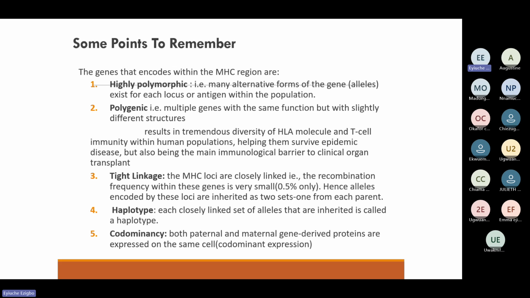So the highly polymorphic nature of the MHC molecule has its advantage, which we stated earlier: in paternity testing, and also helping the population to survive epidemics, that is, being able to mount an immune response against newly evolving pathogens.